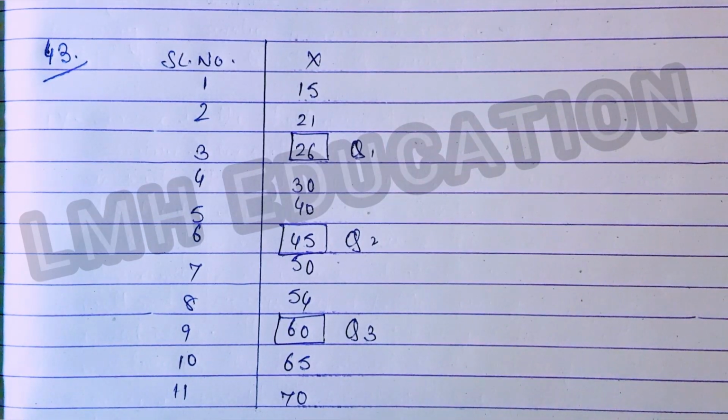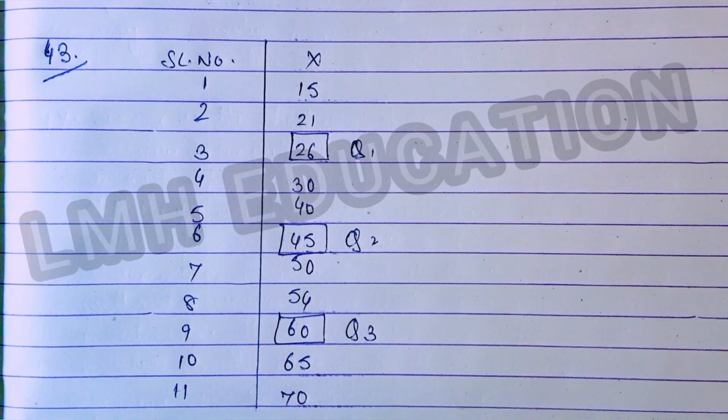So this is the solution of question number 43. You have to calculate Q1, Q2 and Q3 from the data, where the numbers are 15, 21, 26, 30, 40, 45, 50, 54, 60, 65, 70.